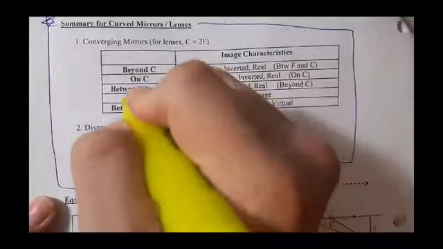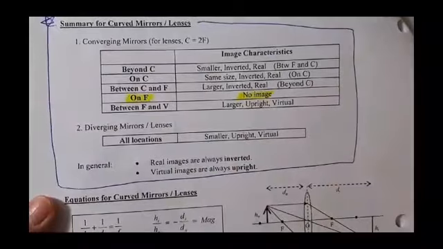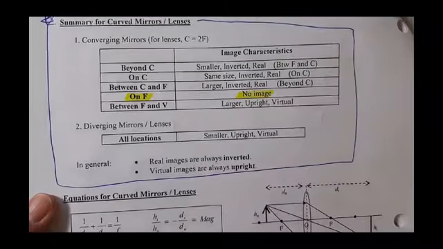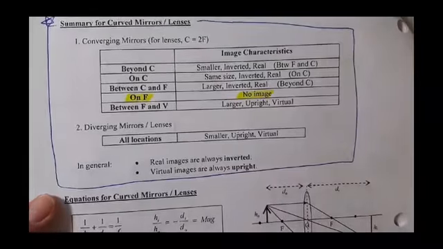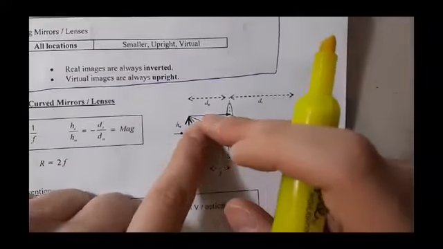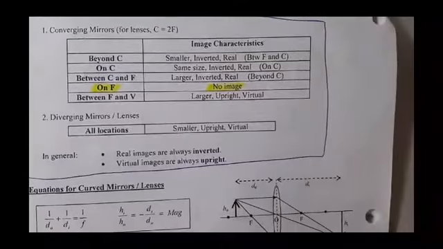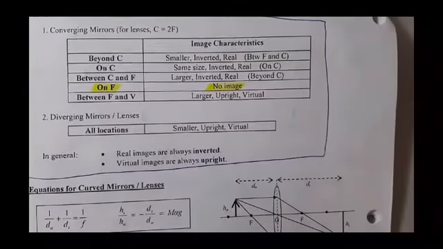Number one is, if it's converging and the object is located at F, you should have no image. It's like a blind spot. If you wonder why, you will notice that if the object is located at F, it's impossible to do the second radiation, because you have to go past the focal point.